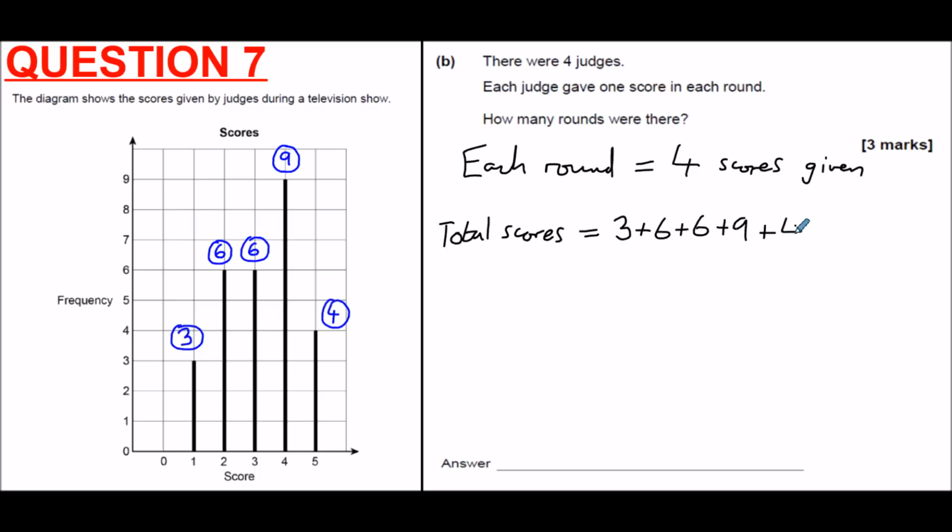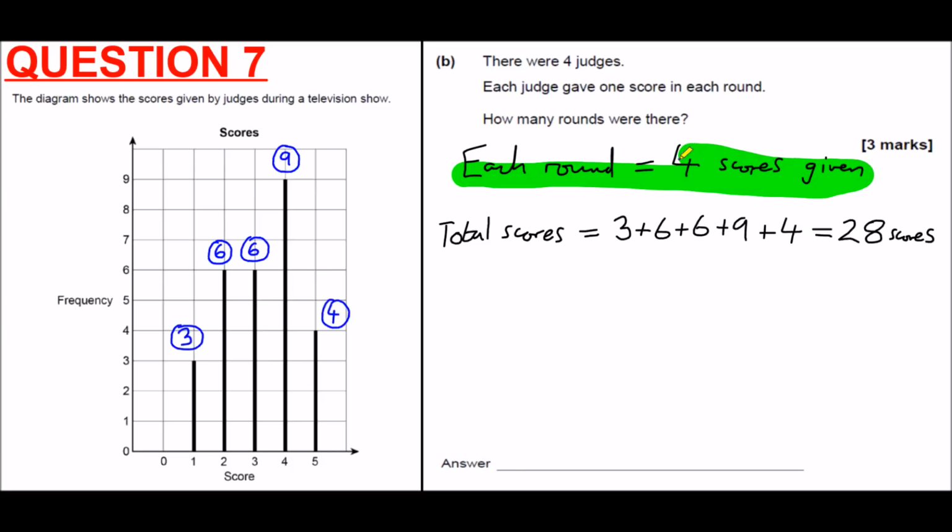So if you just do this number by number carefully, 3 plus 6 is 9. 9 add another 6 is 15. 15 added to another 9 is 24. And 24 plus a final 4 is 28 scores. So 28 scores were awarded in total. So now if we just return to what we said earlier, with each round 4 scores are given out.